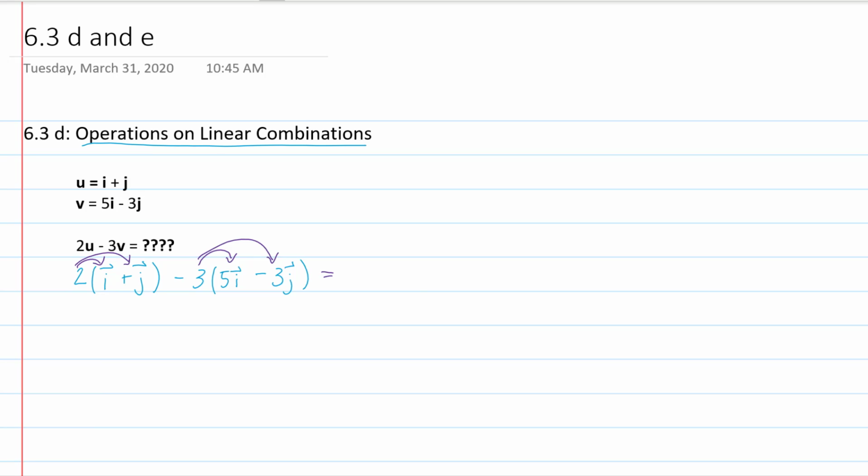So when I do those distributions, I've got 2i plus 2j minus 15i plus 9j. And so now if I put all of my i vectors together and all of my j vectors together, I get negative 13 in the i direction plus 11 in the j direction. That is literally it.